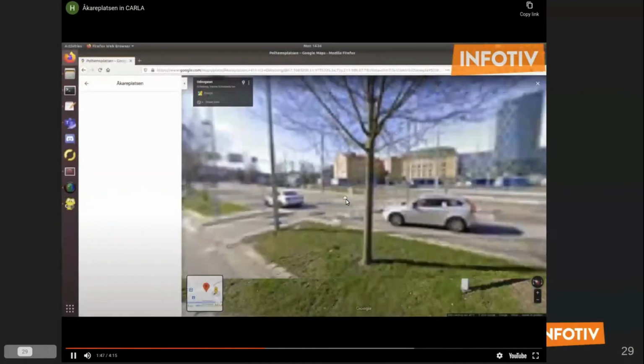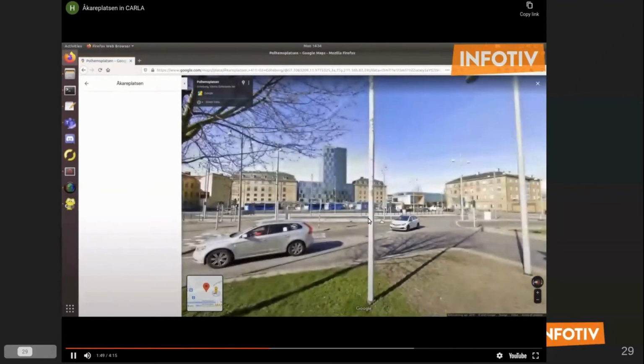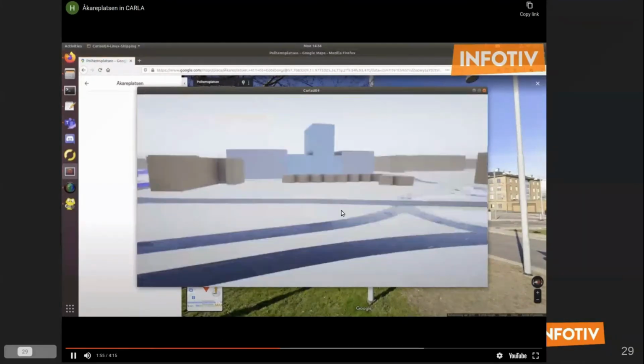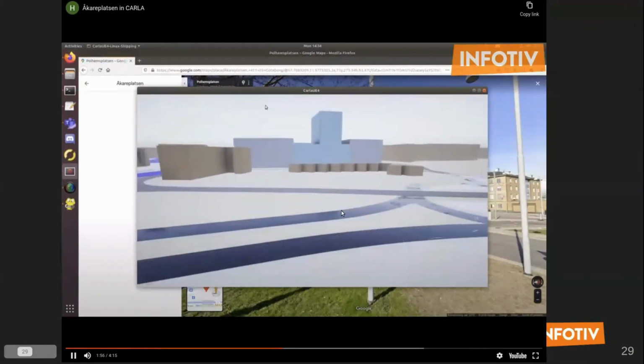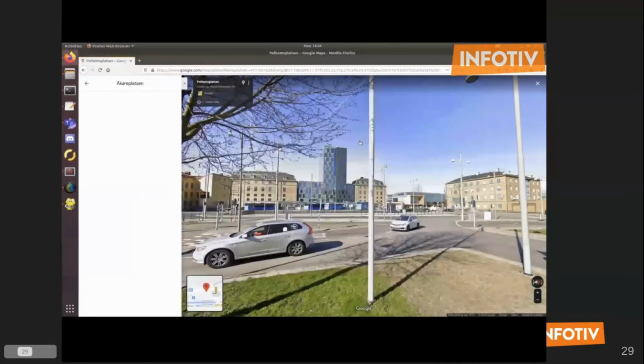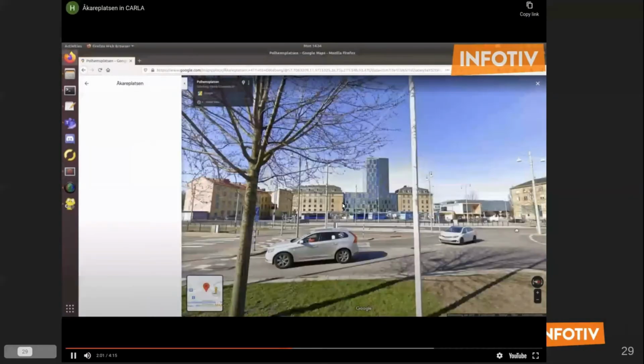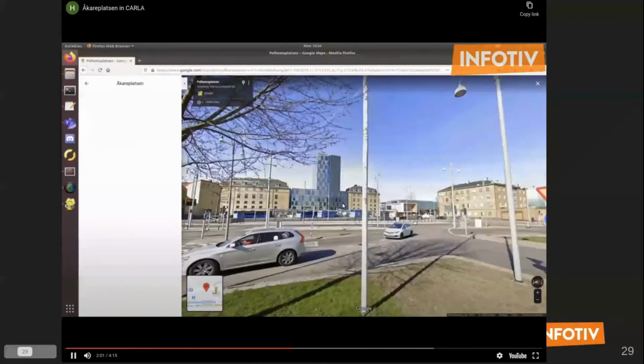And here is the Google Street View of the same location. It's very incomplete. That's what we got from OpenStreetMap without adding any extra 3D objects or improving the quality of objects in the scene.